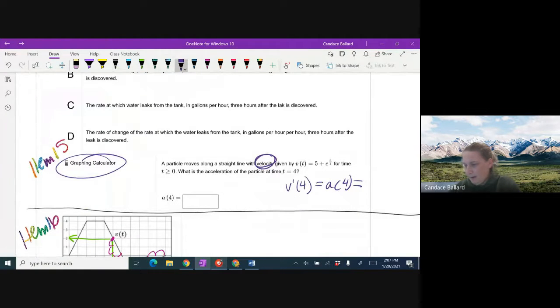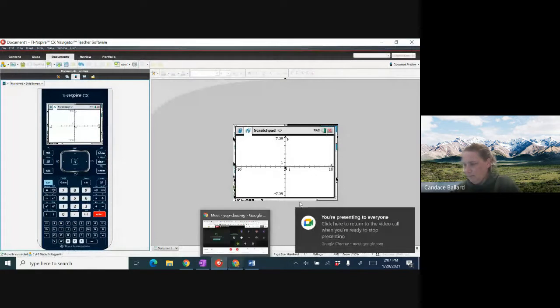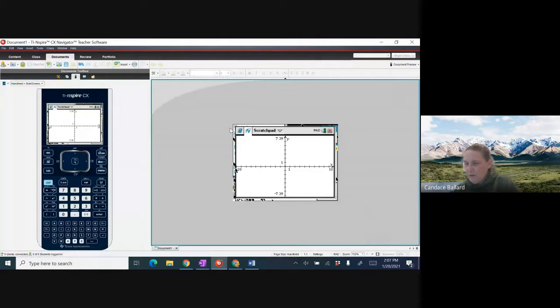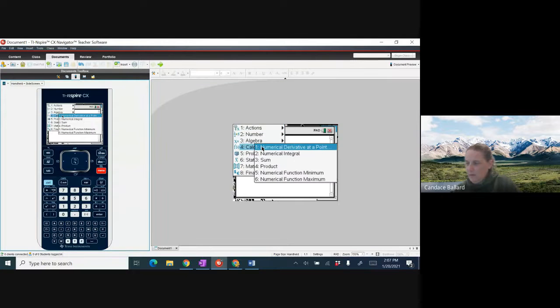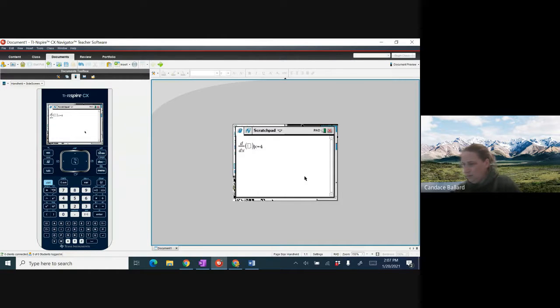Okay, and I'm going to hit enter. Then I'm going to go back to my calculator page, menu, calculus, numerical derivative at a point. I'm going to plug in the 4, and then go to var, f1 of x.